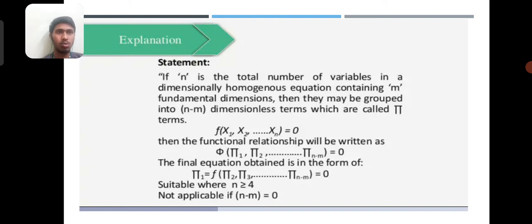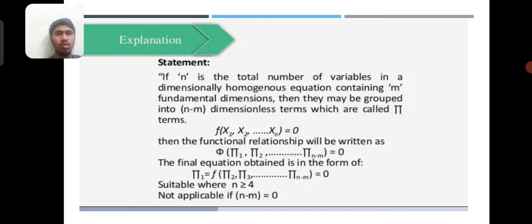If n is the total number of variables in a dimensionally homogeneous equation containing the fundamental dimensions like M, L, T, then they may be grouped into n minus m dimensionless terms, known as pi terms.